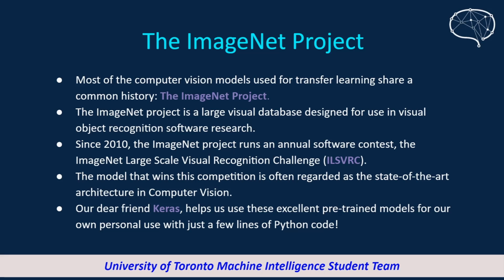Since 2010, the ImageNet project runs an annual software contest, the ImageNet Large Scale Visual Recognition Challenge, the ILSVRC. The model that wins this competition is often regarded as a state-of-the-art architecture in computer vision. Our dear friend Keras helps us use these excellent pre-trained models for our own personal use with just a few lines of Python code.